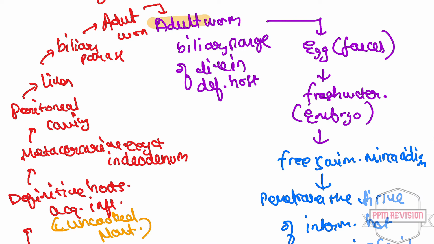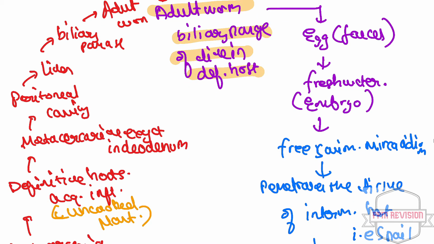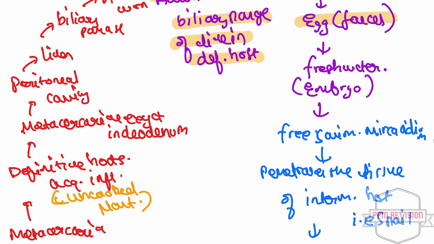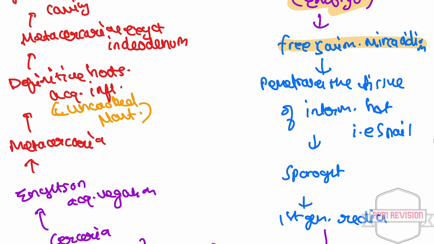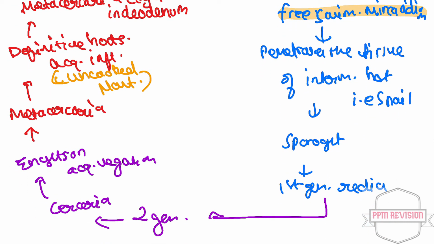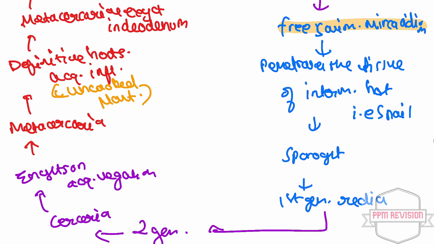So what happens is, the adult worm is present in the biliary passage of the liver in the definitive host, and then the egg is passed out in the feces and moves on to the fresh water. Then there is the free swimming miracidium.